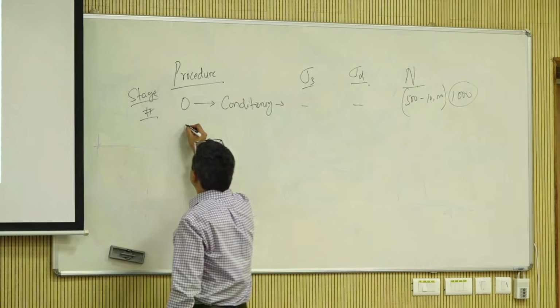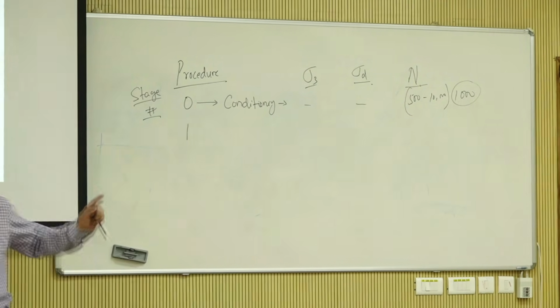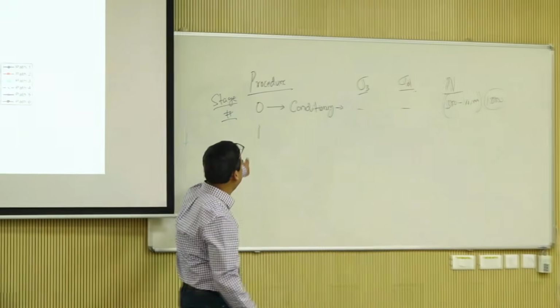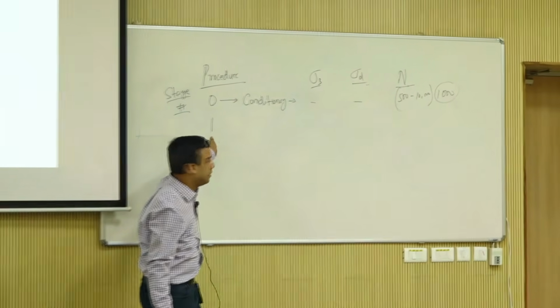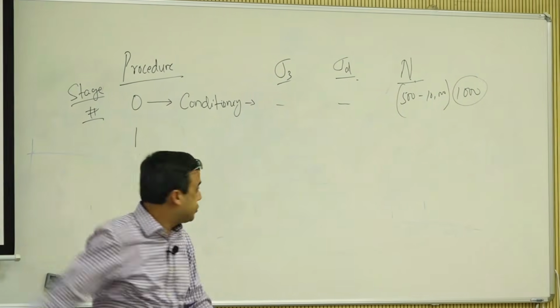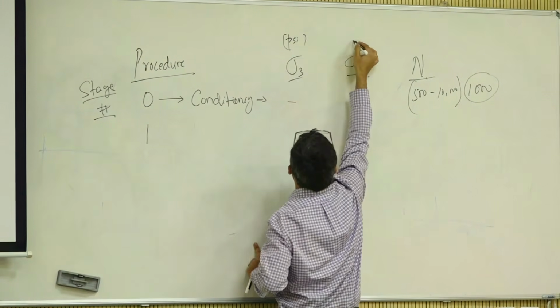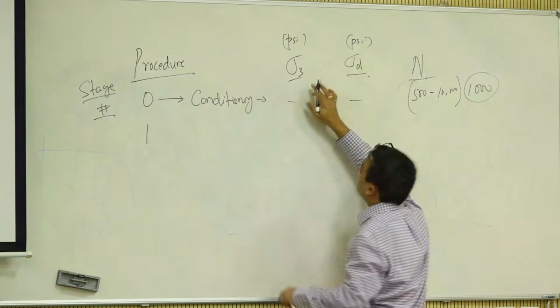Then you go to sequence number 1. Folks, for those being exposed for the first time, this is going to be important, because it is very important to understand resilient modulus. Stress sequence 1, the very first one, and just write down units please, because I am much more familiar with these numbers.